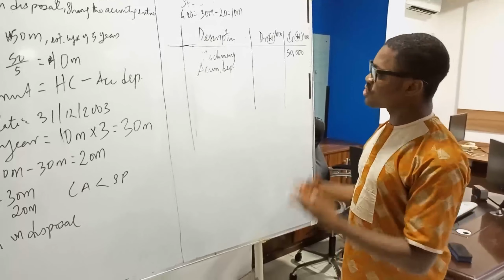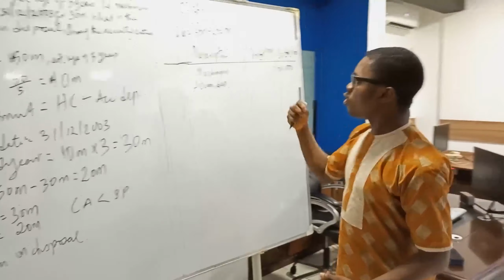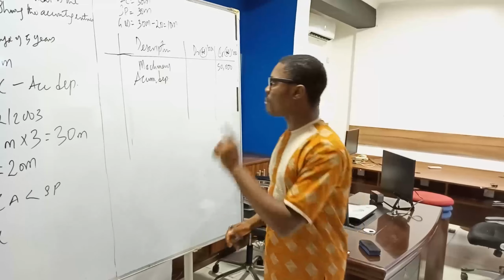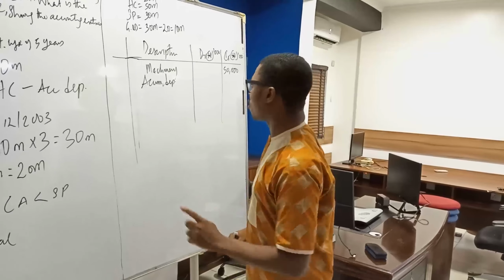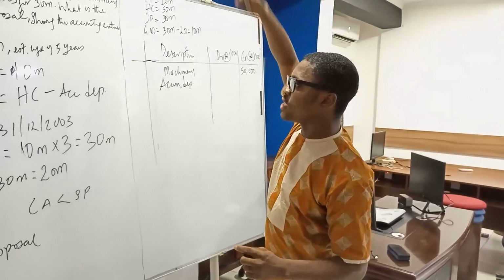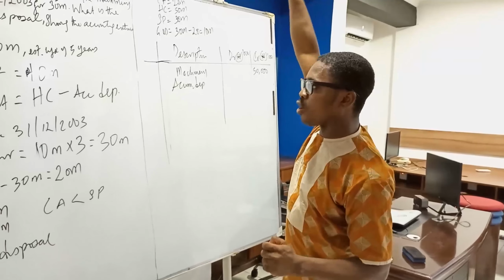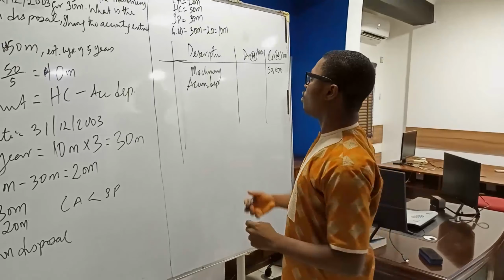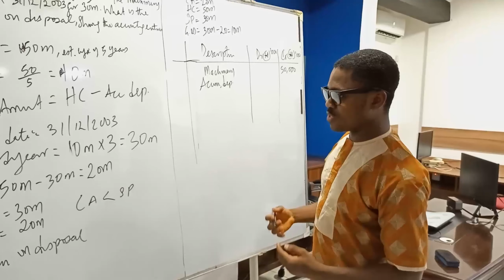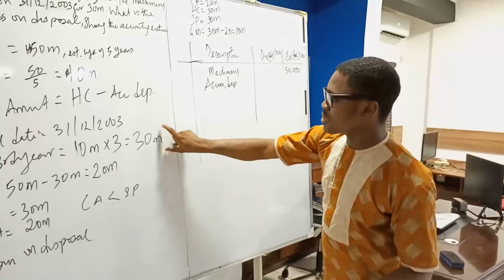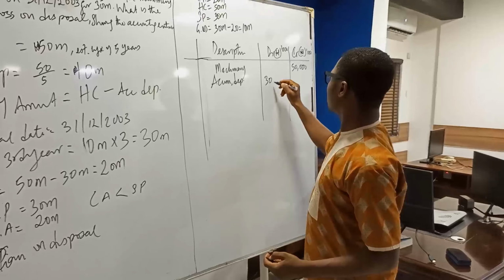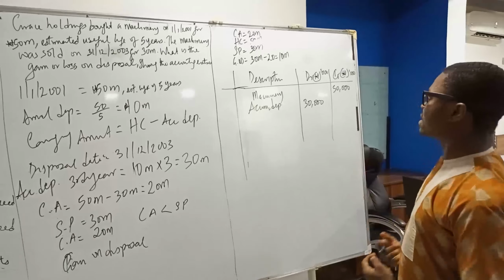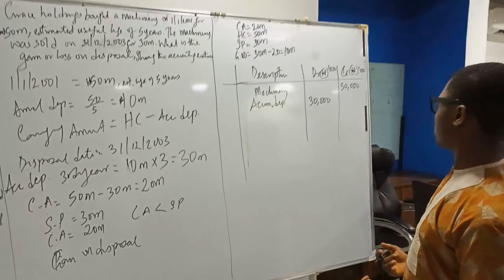But now that we want to derecognize the asset, all the accumulated depreciation as at the date of disposal will be debited back to the accumulated depreciation account. That will nil off all the credit balance of that asset in the accumulated depreciation account. The accumulated depreciation as at the date of disposal is 30 million naira.